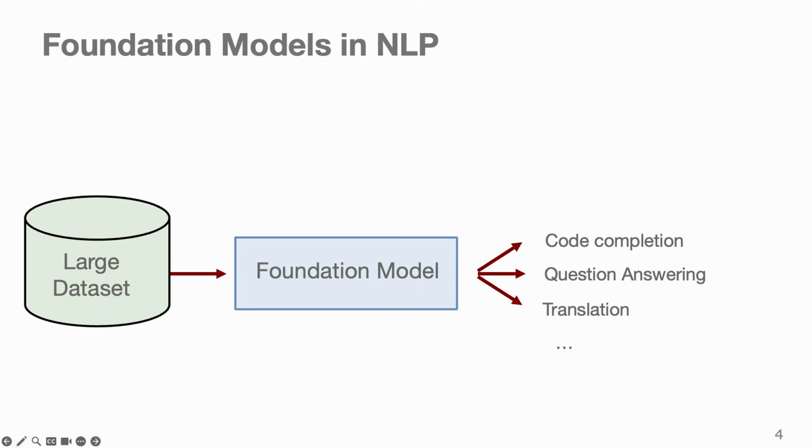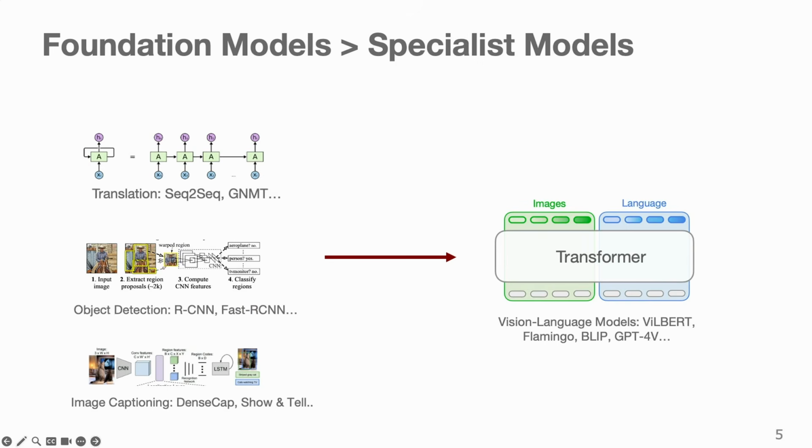And then we have seen that typically these models outperform the behavior of more single, specialist models that are tailored towards doing one specific task, right?